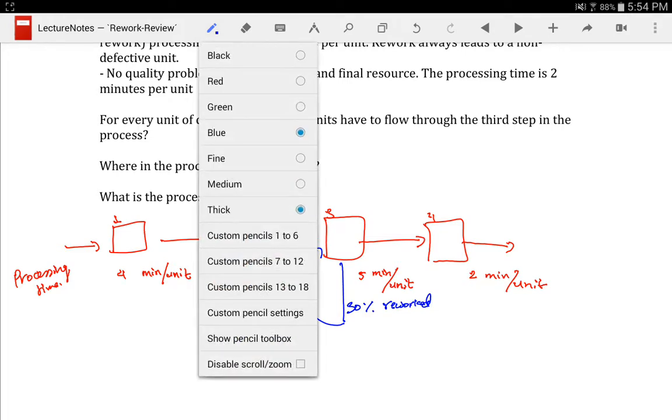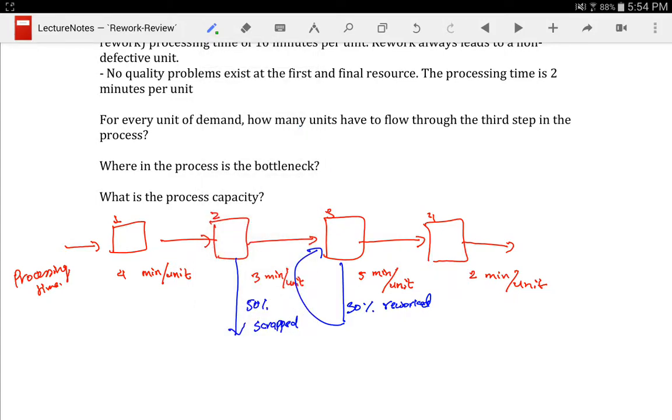Well, the first step is to do as we would have done if there was no rework or scrap, that is, calculate the capacity. The capacity is 1/4 units per minute, 1/3, 1/5, and 1/2.